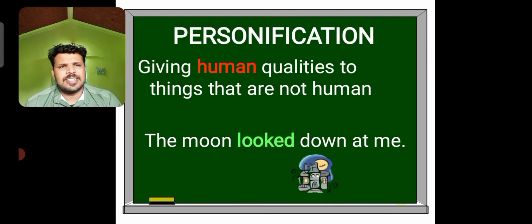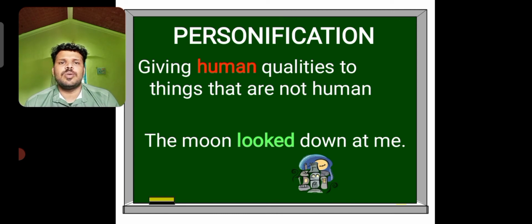Next one is personification. Personification is very important, but it's very simple to understand. Personification is giving human qualities to things that are not human. We are attributing some human qualities to non-human things. For example, the moon looked down at me.